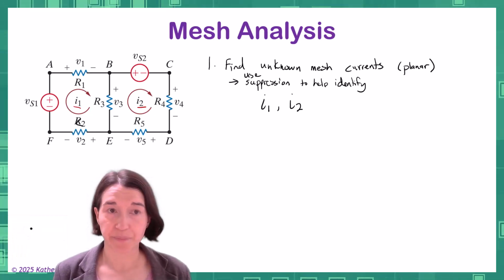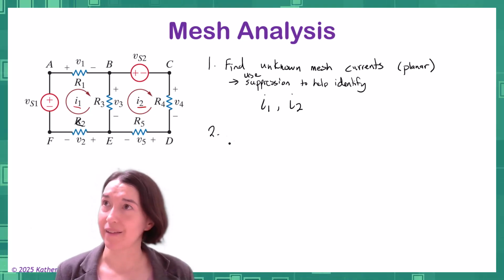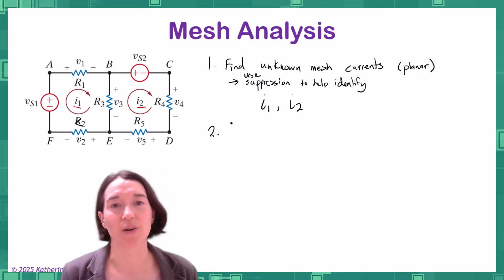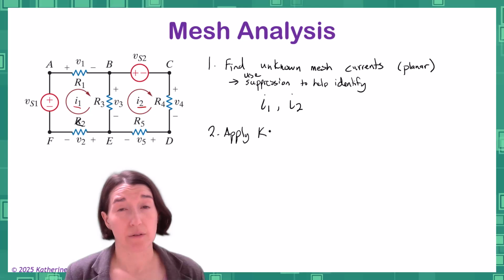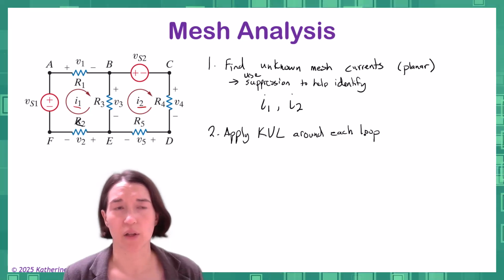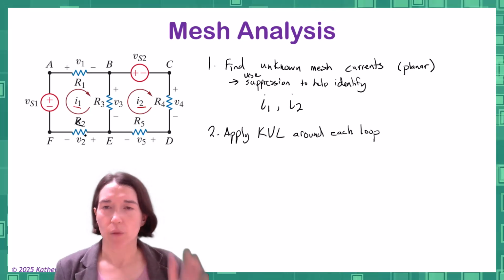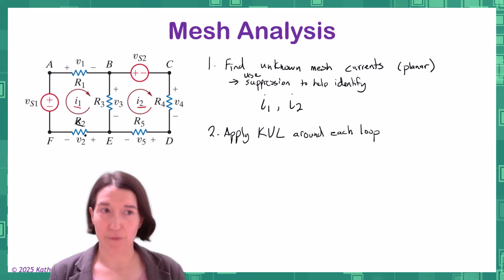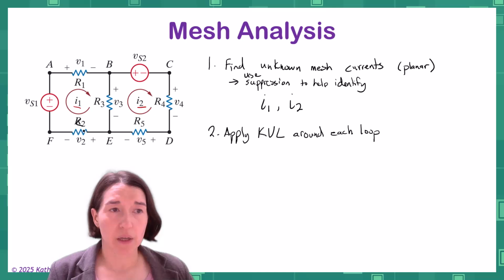And what we do is, instead of applying KCL like before, we apply KVL around each loop. I'm going to call it the loop, so it's following the mesh current itself. One thing that can get confusing is that we're going to follow the current around it.